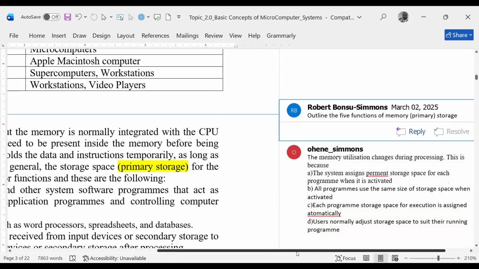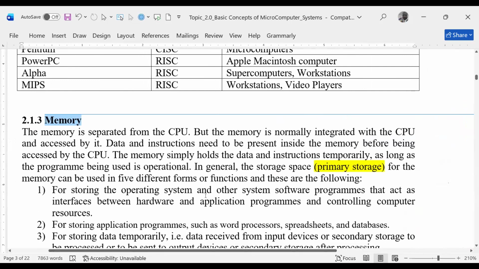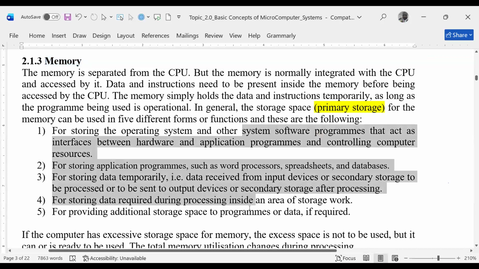If you just say that one, I'm not convinced. You should go beyond that. You remember this? I said the memory is what stores the operating system, the loaded operating system, and application programs temporarily. So before you can open or launch Windows, it is the memory that holds it for you. Do you remember this? Yes, sir, I highlighted this about 10 minutes ago.